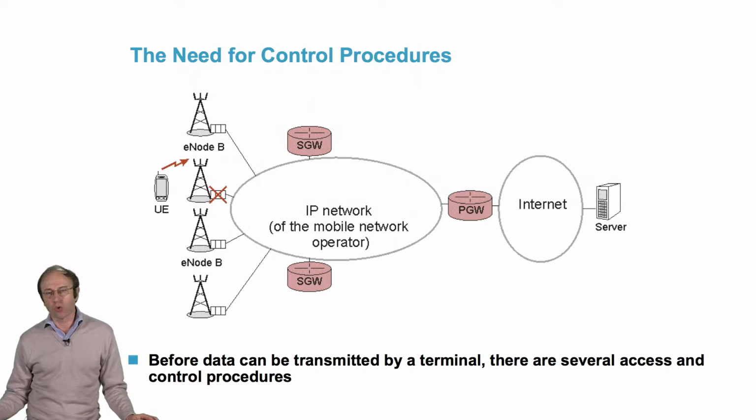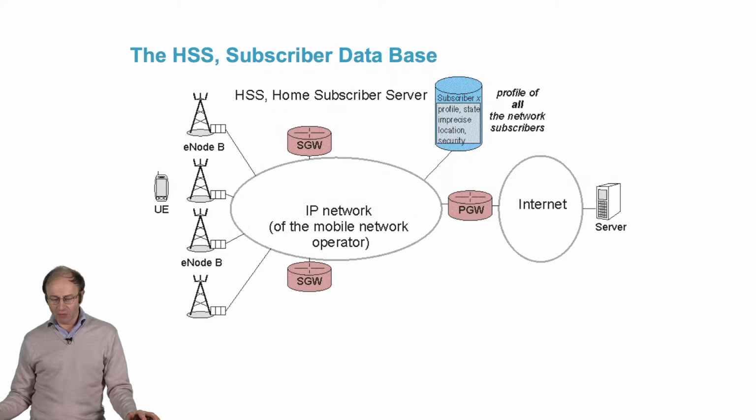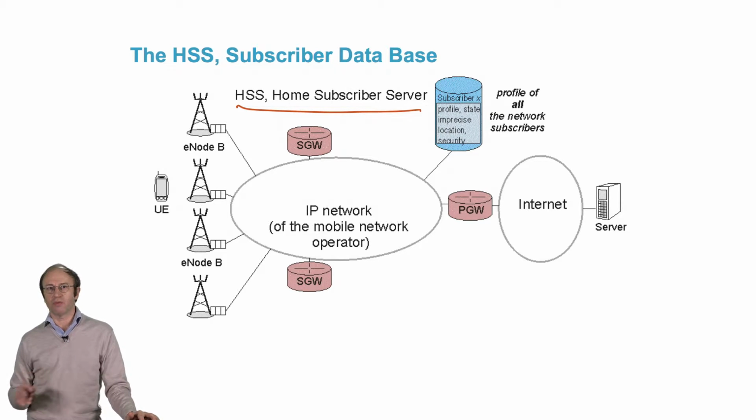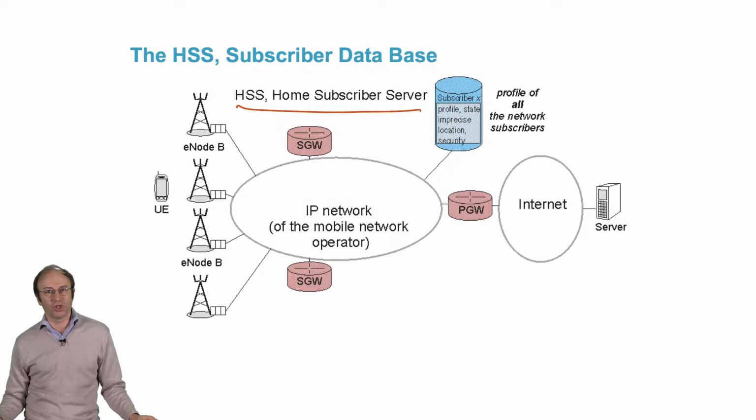These control procedures require the use of a database. In 4G, this is called the HSS, Home Subscriber Server. It was called the HLR, Home Location Register, in 2G, 3G.